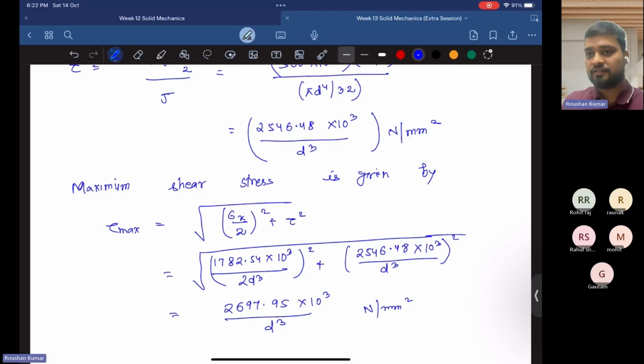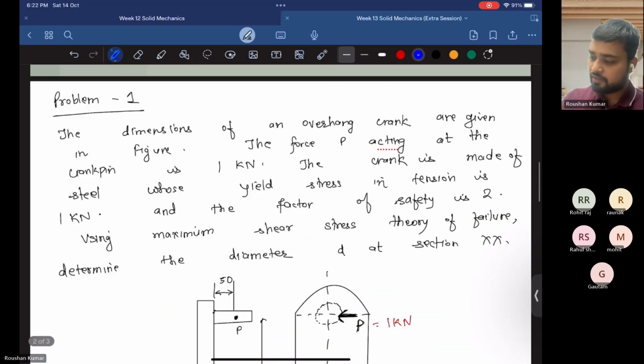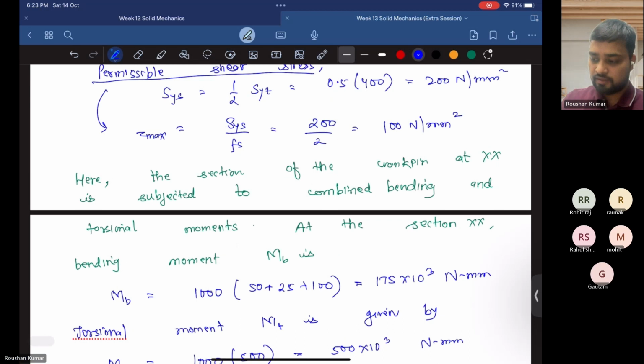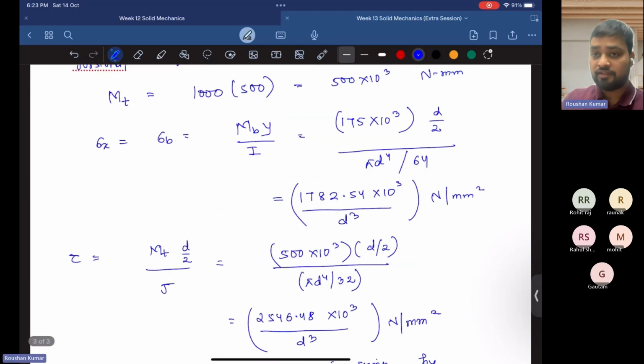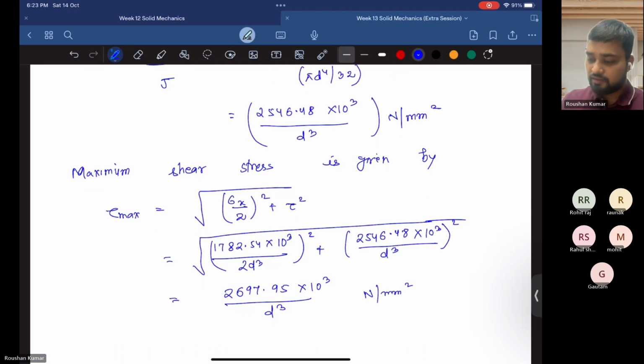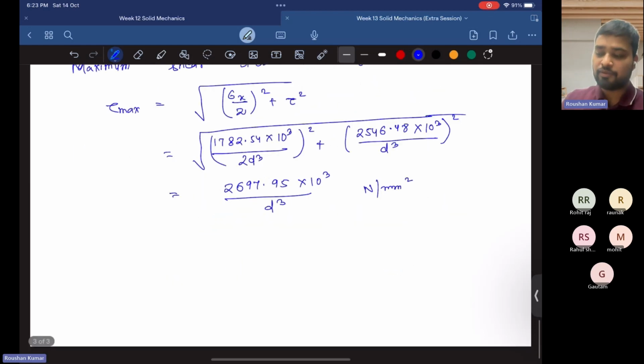And the question here is, we have to find the maximum diameter using the maximum shear stress theory. We have already calculated the value of maximum permissible stress, and that is equal to 100 Newton per mm square. Before failure happens, the maximum shear stress due to this load must be less than the maximum permissible shear stress.